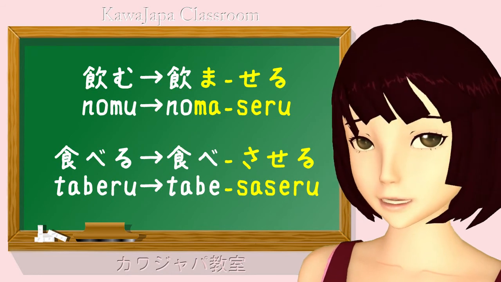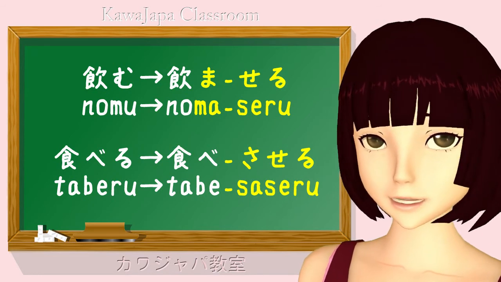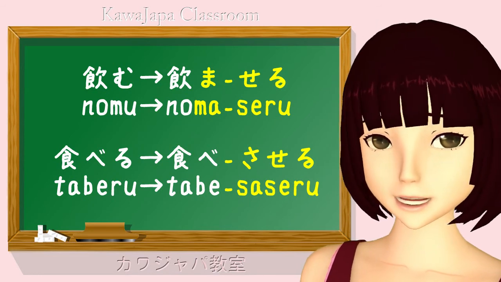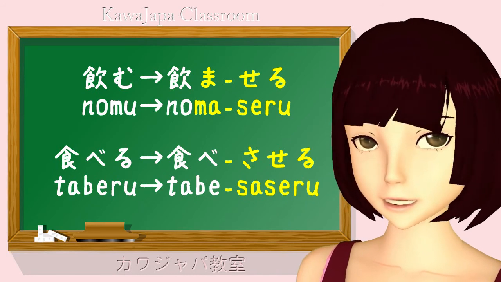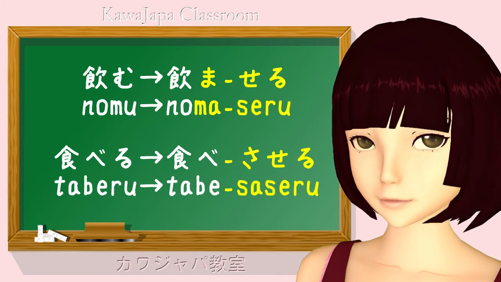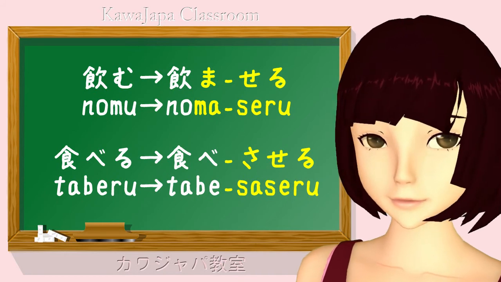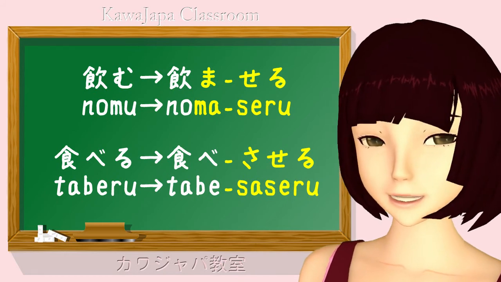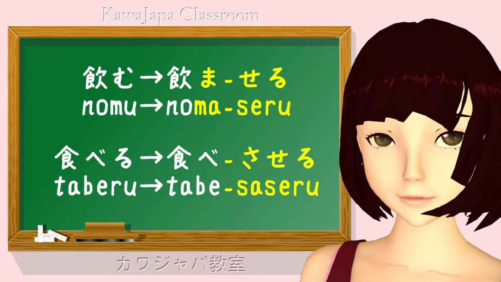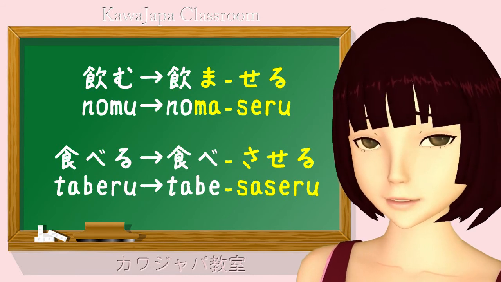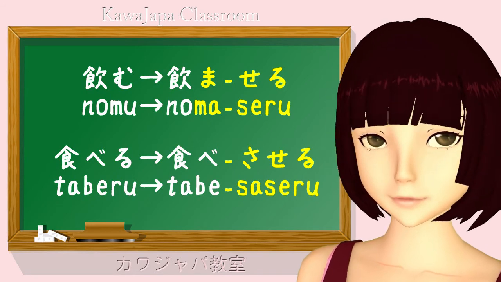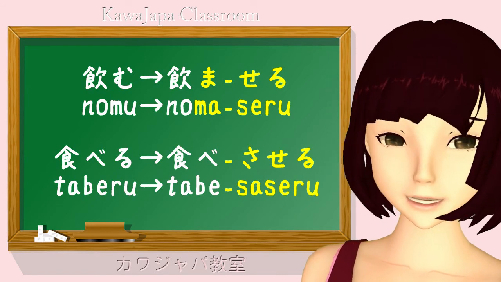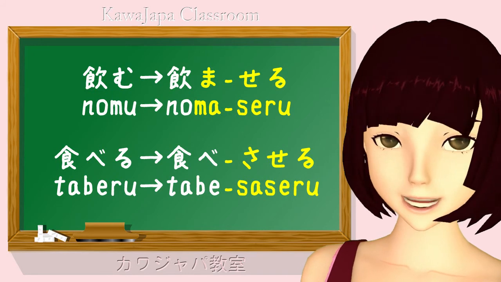Now, the textbooks sometimes make this seem more complicated than it really is, through no fault of their own, because, like me, they have to use example sentences. And the problem with example sentences in this case is that we don't have any context, we don't know who these people are or what their motives are, and therefore it's very hard for us to judge whether in a particular case it means force or allow.